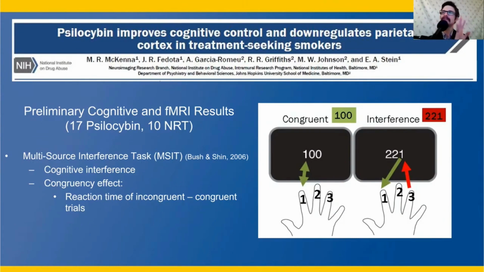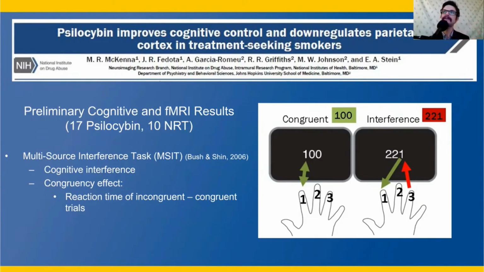You also have to not just identify the digit, but the goal is to use the finger number that corresponds to that number. And so this is the tough part. Sometimes this is easy in the sense that the finger number corresponds to the spatial location of that number, as in the example on the left. Those are congruent type tests where there's not this interference.